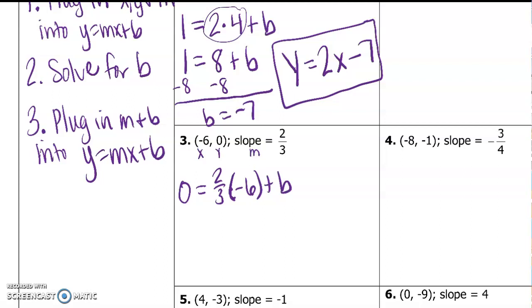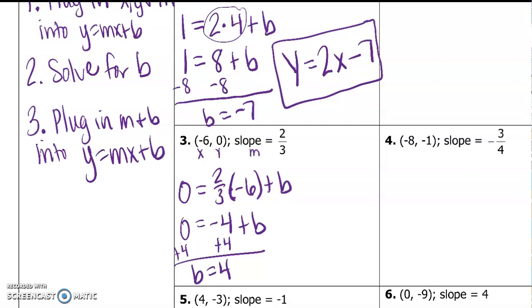So we fill in x, y, and m into our y equals mx plus b equation. Then we need to solve for b. First we need to multiply. 2/3 times -6 would give us -4 plus b. To get b by itself, we would add 4 to both sides. So b equals 4.